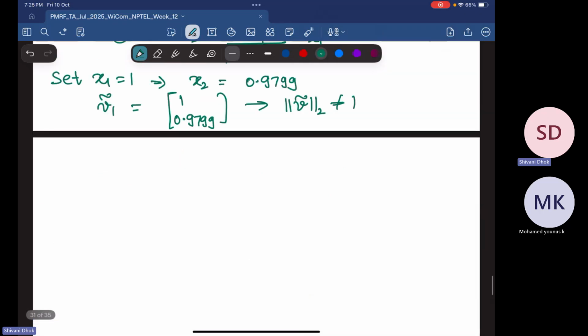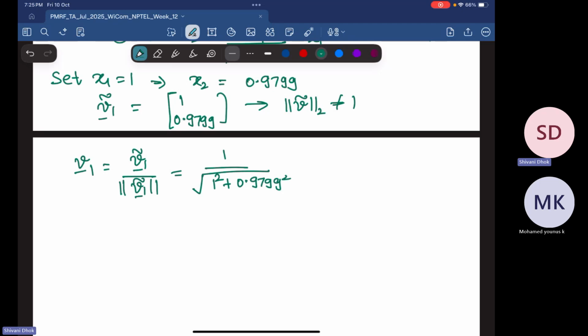So this V1 is nothing but V1 tilde divided by norm of V1 tilde, which is 1 over under root of 1 square plus 0.9799 squared, into 1, 0.9799. This comes out to be equal to 0.7142 and 0.6999.